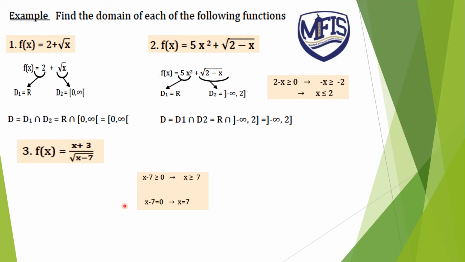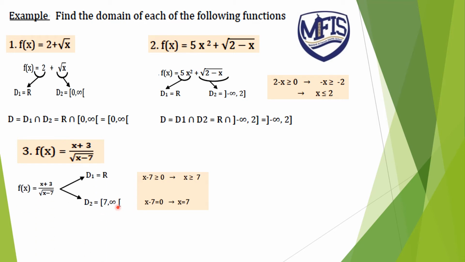So the domain of this function is from 7 open to infinity, because the root of x minus 7 is down. We have no equals; we have x minus 7 greater than only 0.